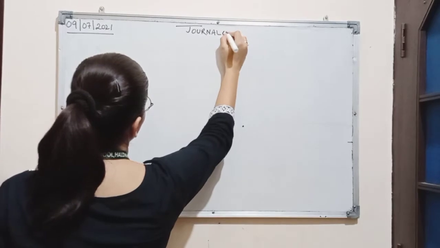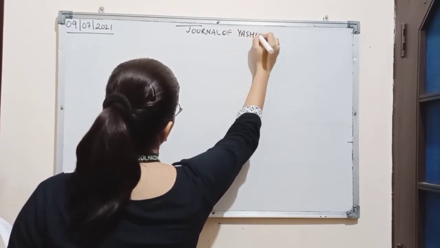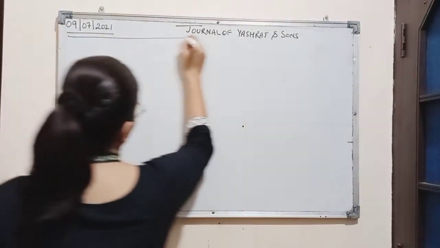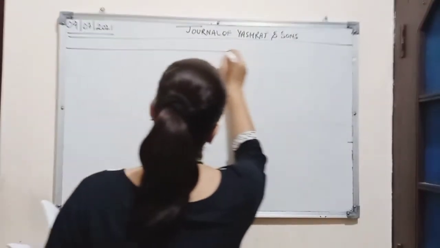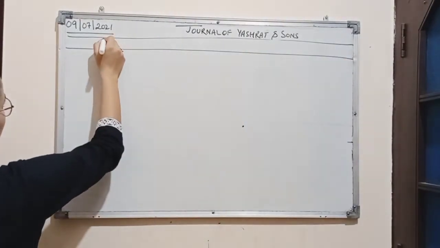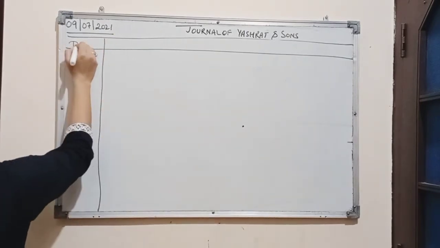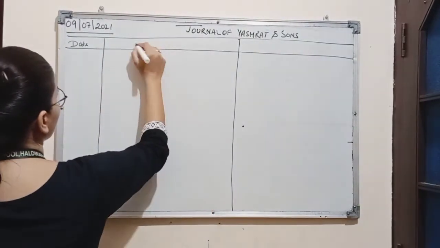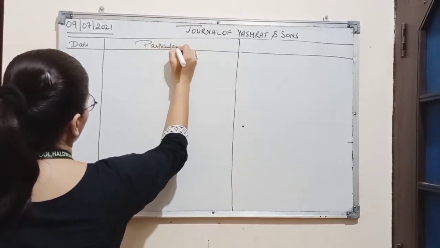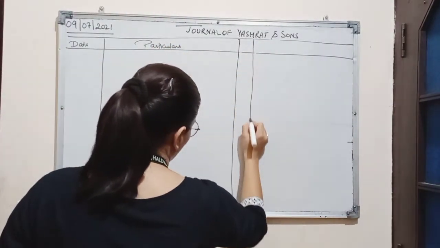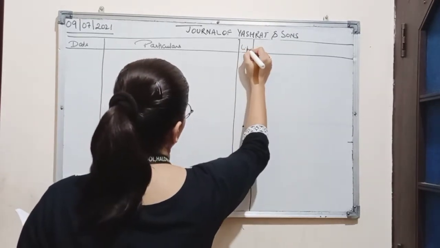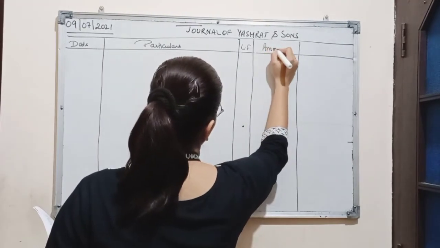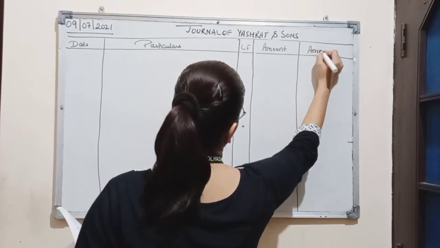Journal of Yash Raj and Sons. Format is date, then particulars, then ledger folio, debit amount and credit amount.